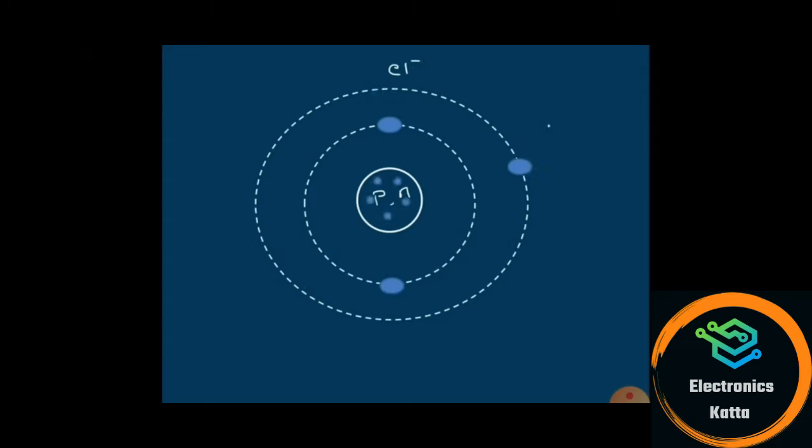Now the electrons which are moving in the outermost orbit can be easily knocked out of the atom by applying a little bit of energy, and these electrons in the outermost orbit contribute to the flow of current. The electron possesses a negative charge, while the proton possesses a positive charge. Neutrons have no charge, or electrically they are neutral.